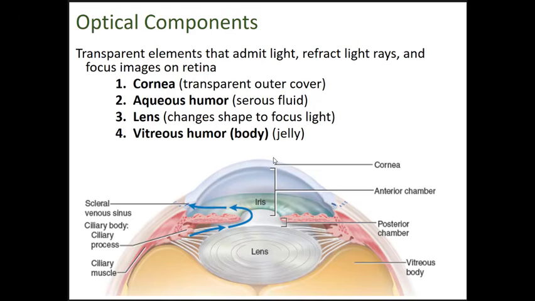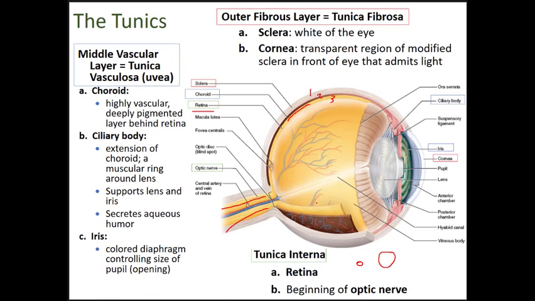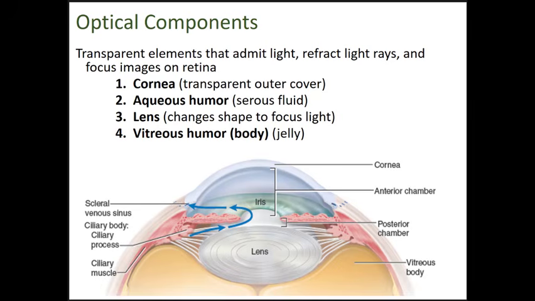And the vitreous humor, or the vitreous body, is a jelly substance that makes up a good portion of your eye. So even if we go to this previous slide here, your vitreous body is all going to be within here. And it's a jelly-like substance.